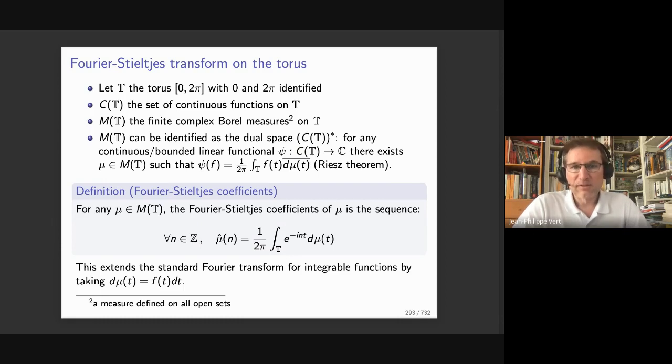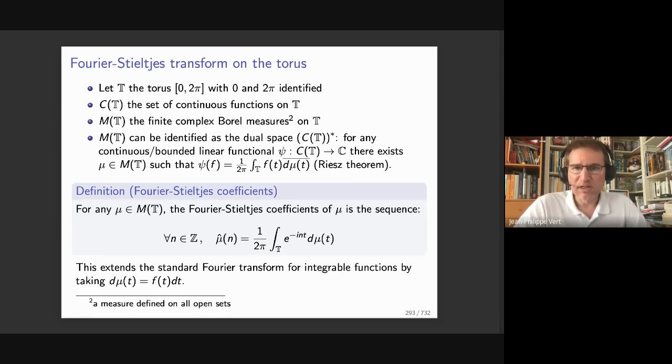So the nth Fourier coefficient is just 1 over 2 pi, which is just useful for normalization, times the integral between 0 and 2 pi of exponential minus int d mu of t. Right, so it's really the standard formula.